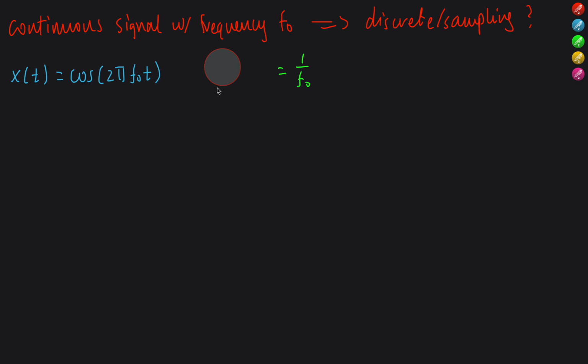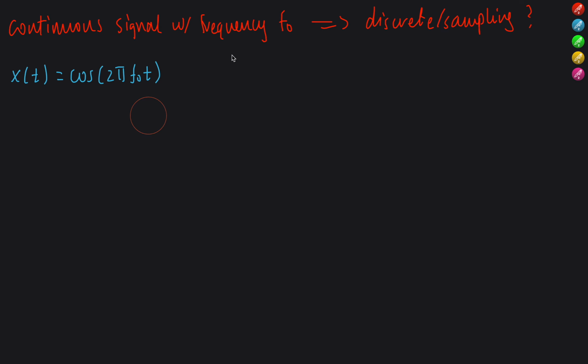Okay, now the question is how do we relate this to our discrete version? The important thing to realize is that when we discretize a signal, turning this continuous signal into a discrete signal by sampling it, we are just taking time and splitting it into chunks. How do we do so?